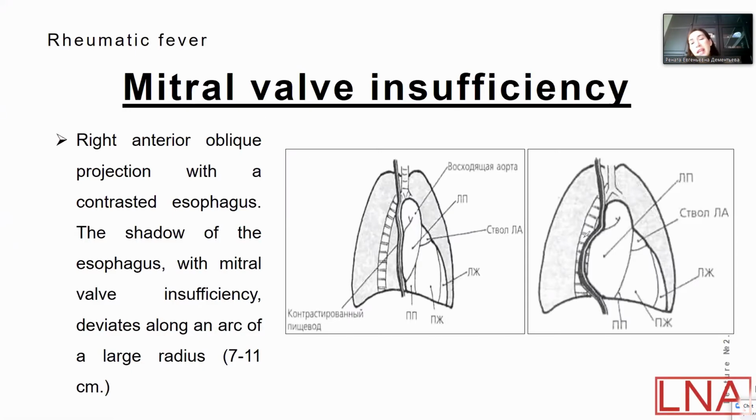It's the same, but affecting right ventricular, left ventricular, left atrium. So the right ventricular is pressed to the left atrium in this configuration, and the esophagus is deviated by an arc of large radius.